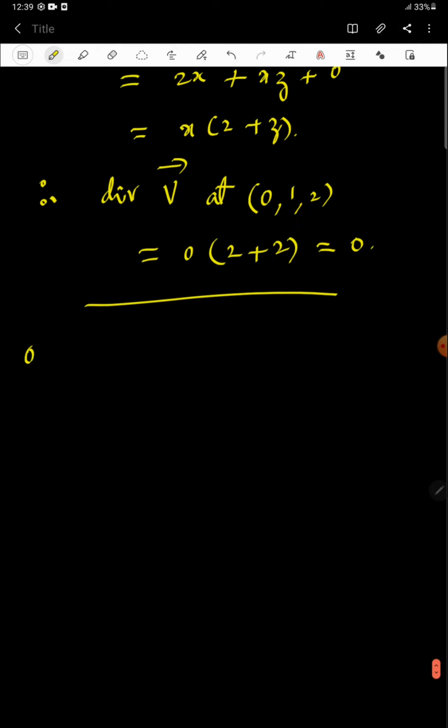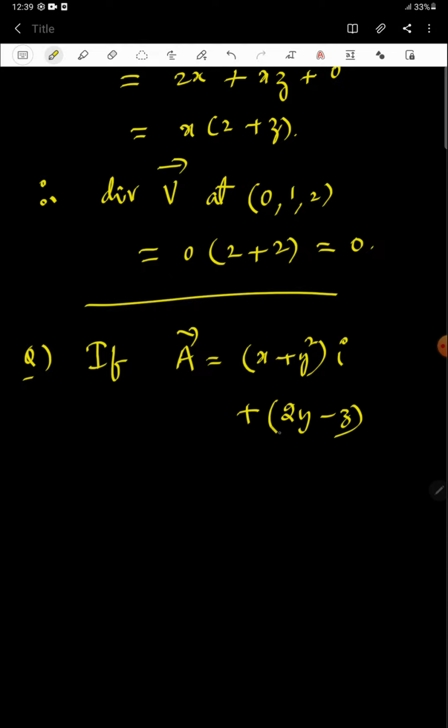Sometimes they give the problem: some vector a is equal to (x plus y square) i plus (2y minus z) j plus (cz plus x cube) k.